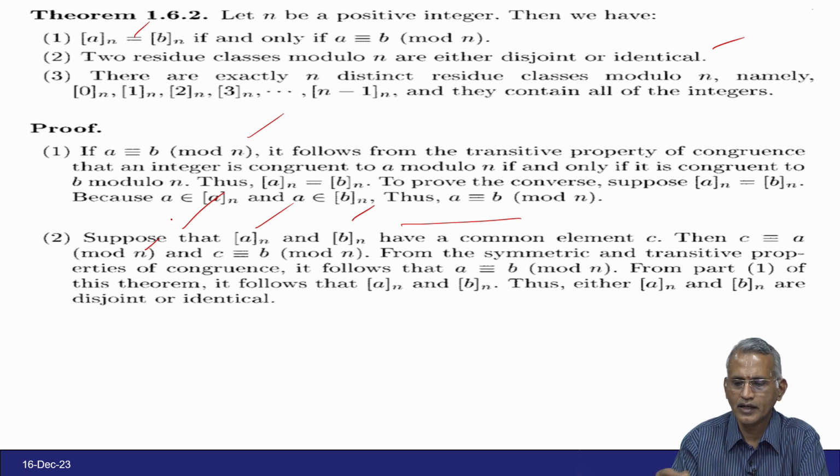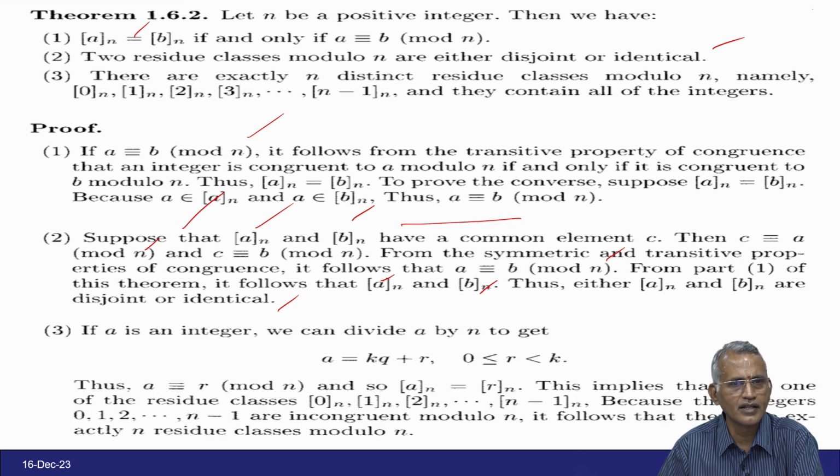Therefore, a is identical to b under modulo n. Part 1 of the theorem follows, and it follows that the class of a and the class of b are equal. So, the classes of a and b are either disjoint or identical.